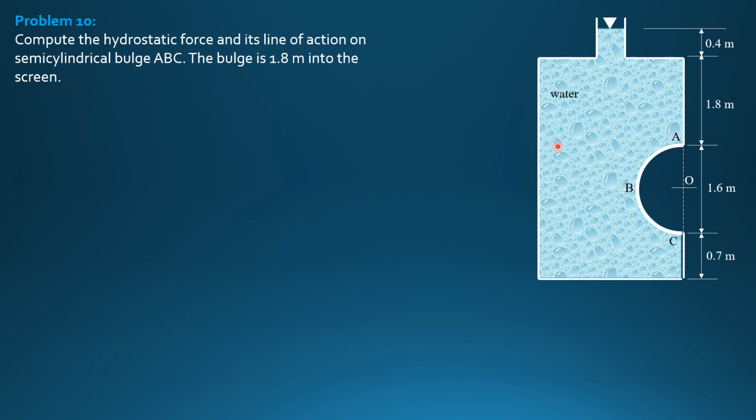Its projection would be 1.6 high and rectangular in shape at 1.8 meters wide. So FH acts below the centroid of this area, and it is equal to specific weight of water, h-bar, times area.